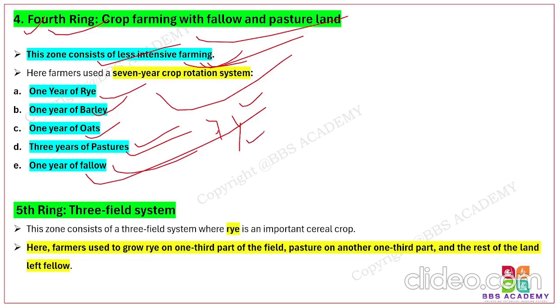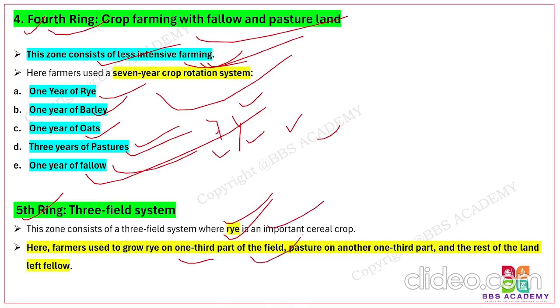In this region, all of the land types like fallow land, pasture land, and crop farming are here. Okay, so if we see the next ring, the fifth ring, there is the three field system, and this zone consists basically of rye cultivation. The most important crop is rye, and the farmers grow rye on one third part of the field.